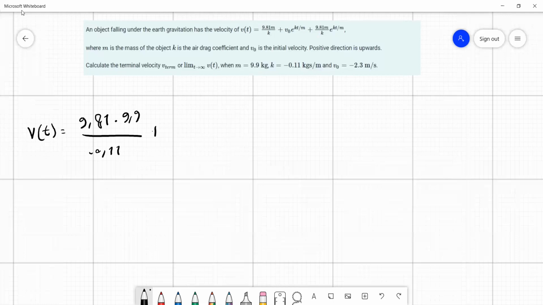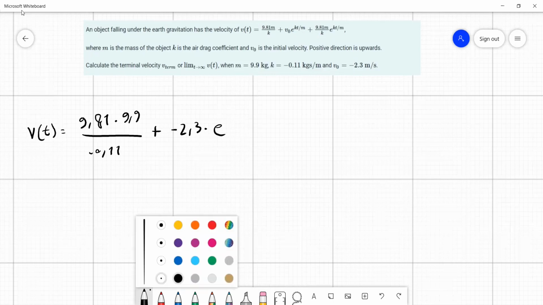Plus the initial velocity, negative 2.3 meters per second, times e. It is quite challenging to derive this equation if you're actually studying physics regarding terminal velocity and drag force, but this problem has made it quite simple.